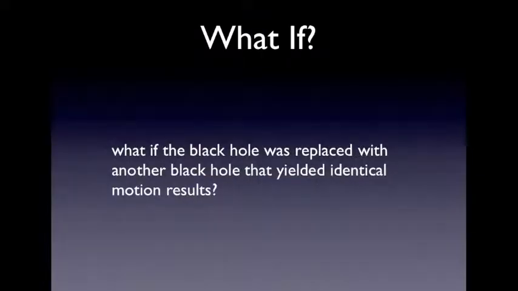If the black hole observed in this lab was replaced with a new black hole that produced the same results in terms of the star's motion, then there would be no way of determining the difference between the two black holes. This is because the star's motion was the only information used to find the mass of the black hole. And if this motion is unchanged, then for all intents and purposes, the black holes are identical.